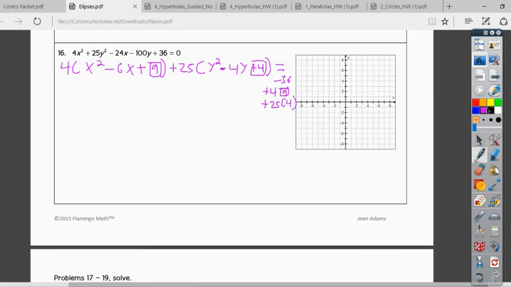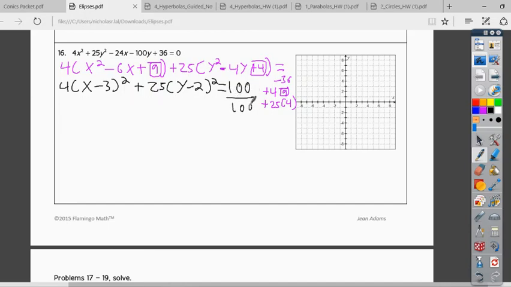This will simplify to 4 times (x - 3) squared plus 25 times (y - 2) squared is equal to -36 plus 36 is 0. 0 plus 25 times 4 is 100, equal to 100.